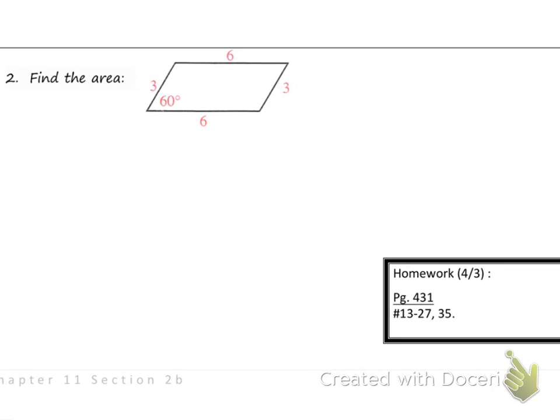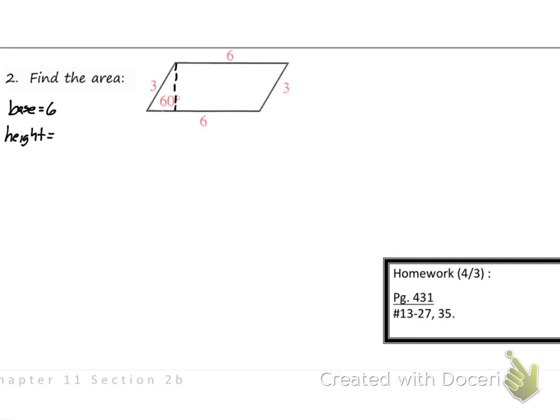All right, this is more of a review from something we did a while ago, and it goes along with that 45-45-90 degree triangle. Because in this one, I have my base. I already have my base. My base equals 6, but I can't find my height. I can't find my height because 3 is not my height, because that's the angle. My height is going to be that dashed line that runs down here.